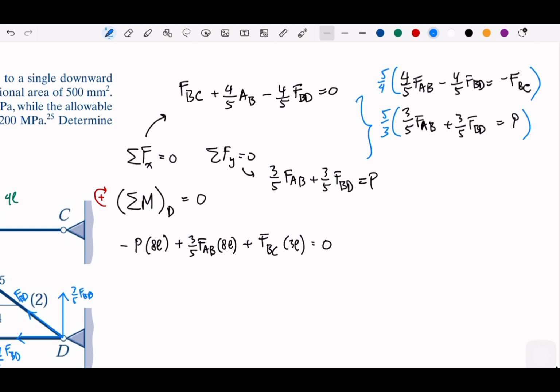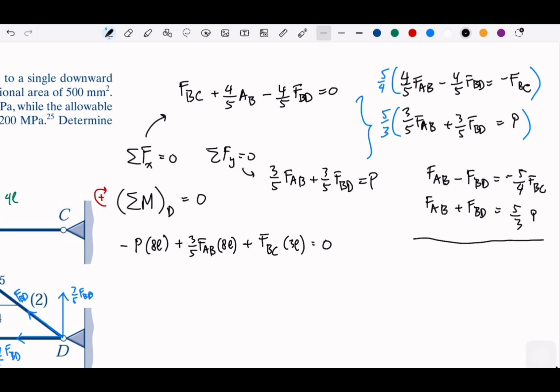That takes longer than I expected. So FAB minus FBD is minus 5 over 4 FBC. This is FAB plus FBD equal 5 over 3 P.